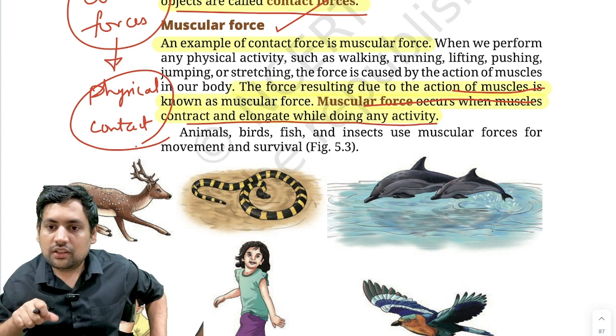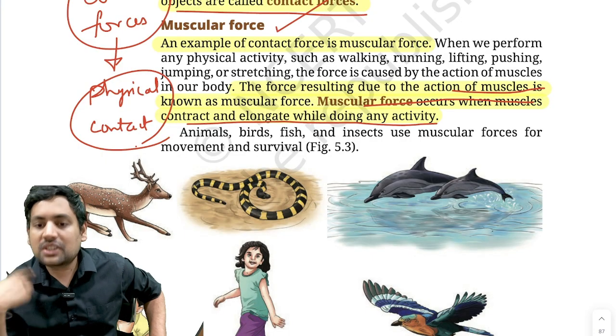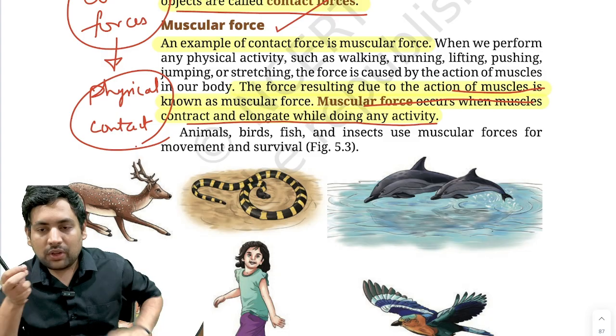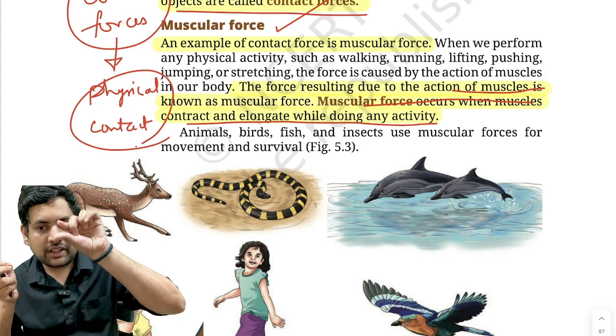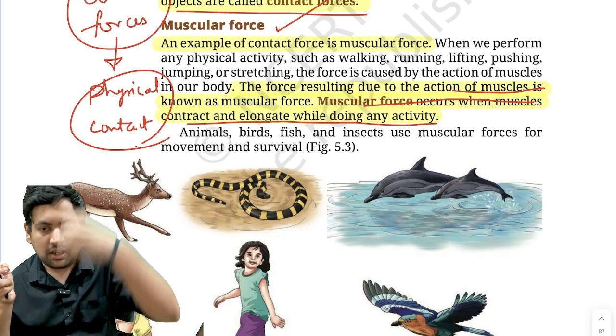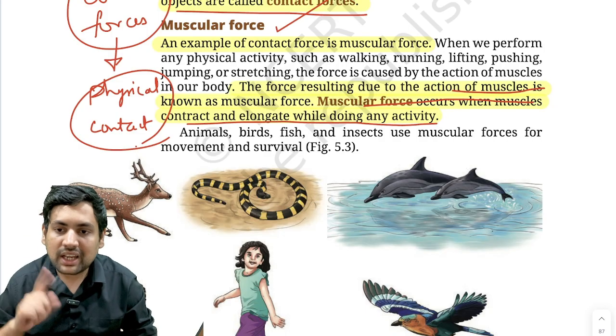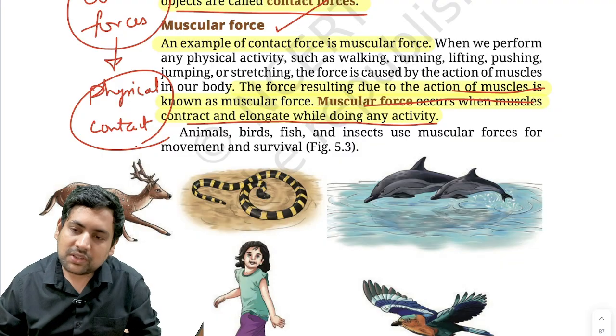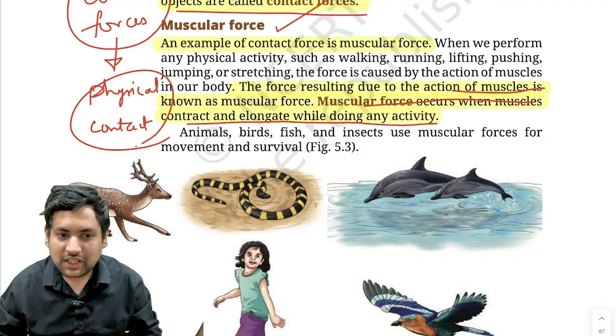This is also used when I gulp something inside my body. My muscles are first contracting and then elongating, contracting and elongating, eventually pushing the food inside me. This is also an example of muscular force. Muscular force is an example of contact force.